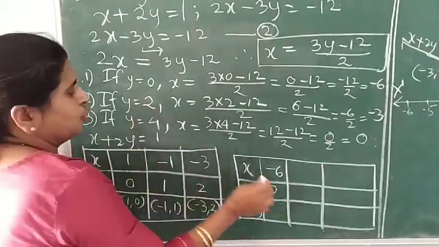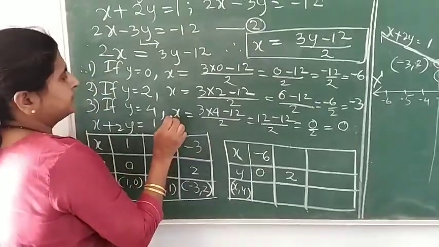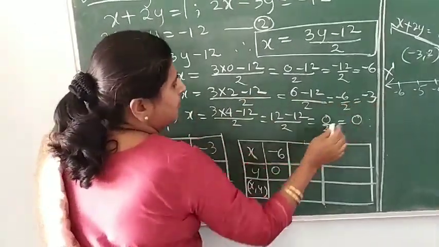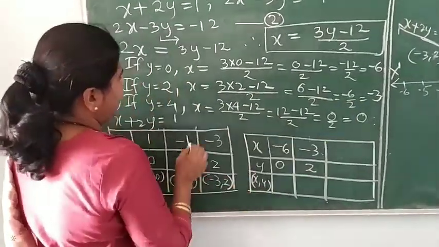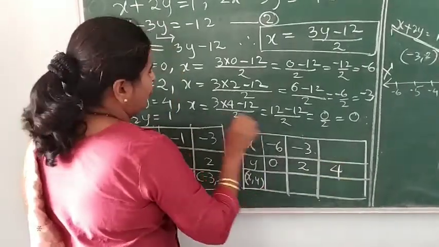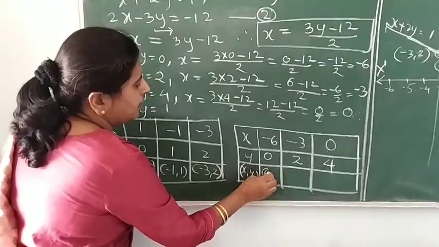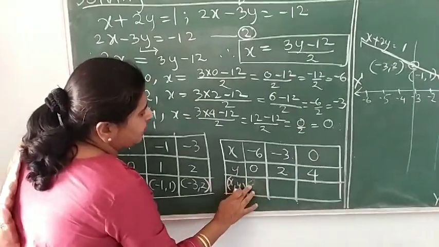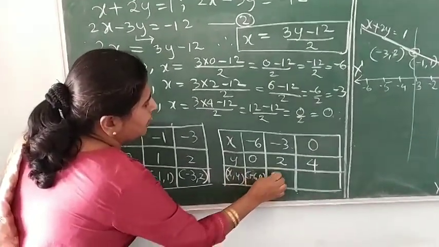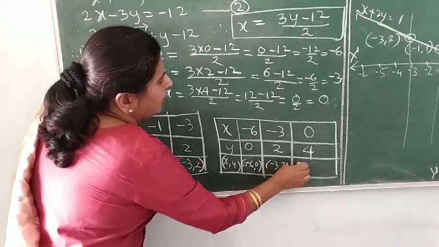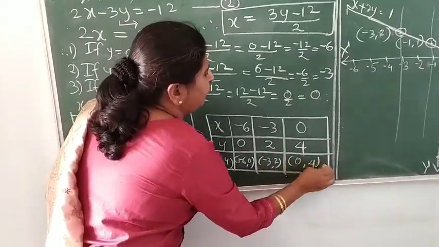When y is 2, we have got x equal to minus 3. And when y is 4, we have got the value of x to be 0. So we have got the pairs minus 6 comma 0, minus 3 comma 2 and 0 comma 4.